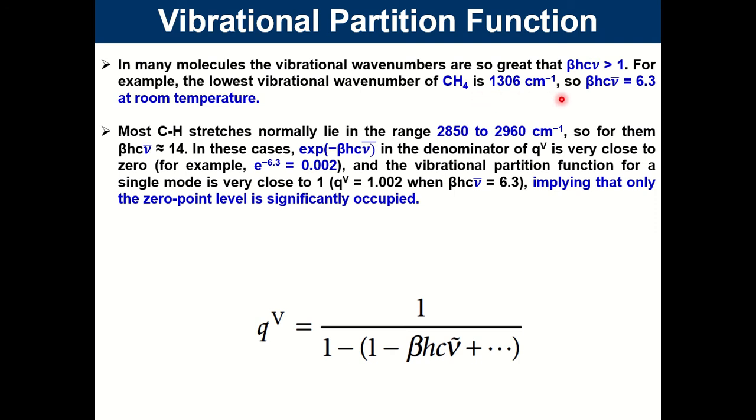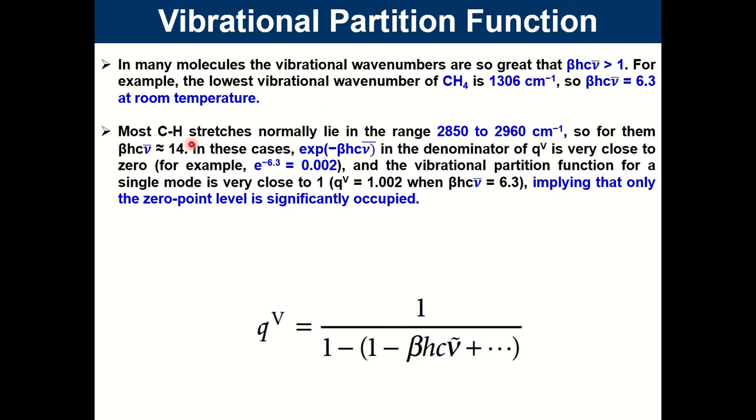How the frequency is related to the mass and bond strength, we have already discussed in quantum mechanics. So you know that. In the case of CH4, it is so high that at room temperature, this term beta Hc mu bar is much greater than 1 at room temperature.